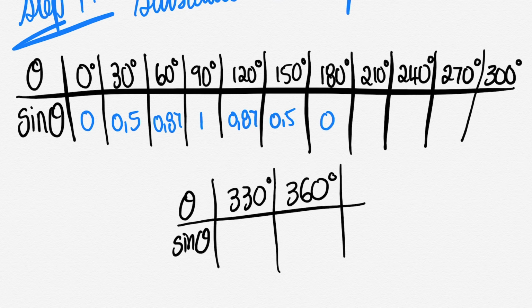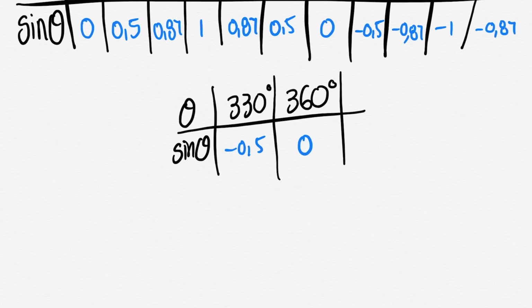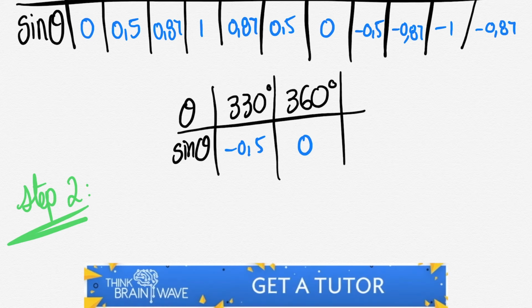But you'll notice a bit of a pattern starting to appear. At 0 degrees, sine theta is 0. We know that from special angles, the particular triangles where you start with an equilateral triangle with 60 degrees in every angle, we cut that in half, we get a 30, 60, 90 degree triangle. We also know that sine of 30 is a half from those special angles.